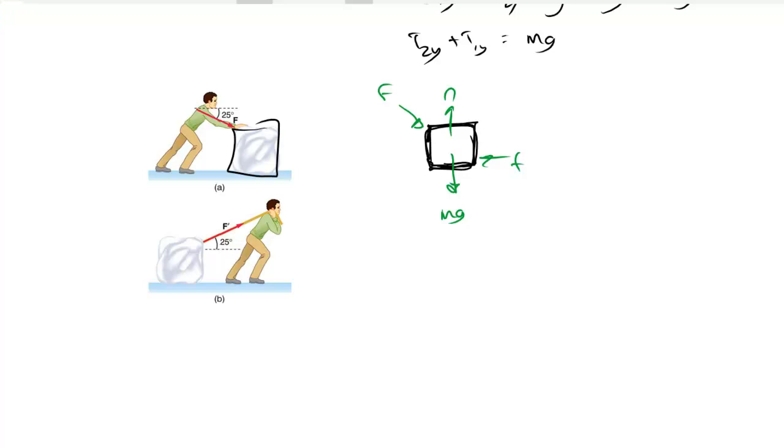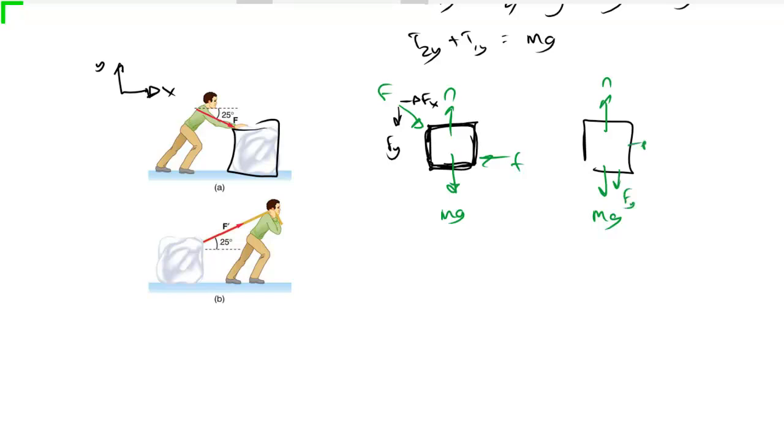Our coordinate system here is a traditional coordinate system, positive x to the right, positive y upwards, and so now we have some Fy which acts down, some Fx like this, and so this free body diagram looks something like mg, N, and then there's going to be an Fy acting downwards, Fx acting to the right, and a frictional force acting to the left.